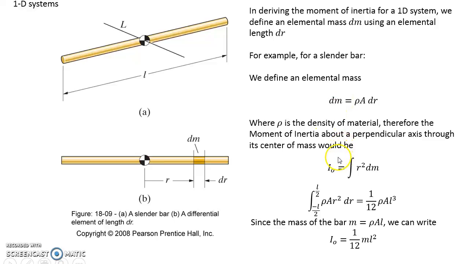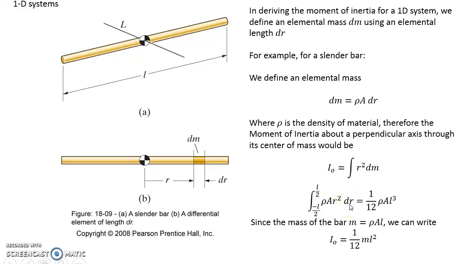Now if we do that integral of r squared dm, what happens here? I'm substituting rho A dr for dm in this term here. Substitute rho A dr for dm, I end up with what I have down here.